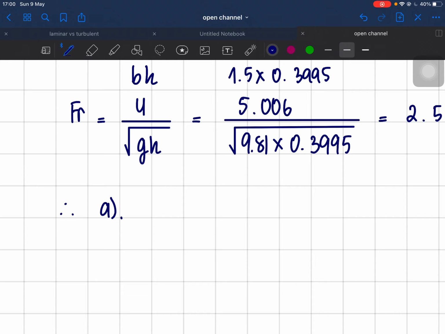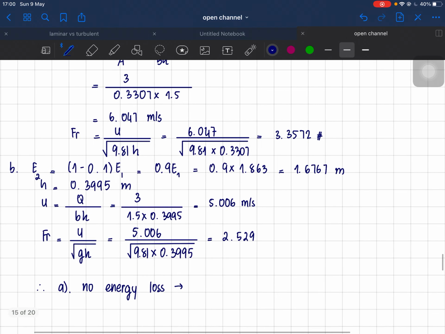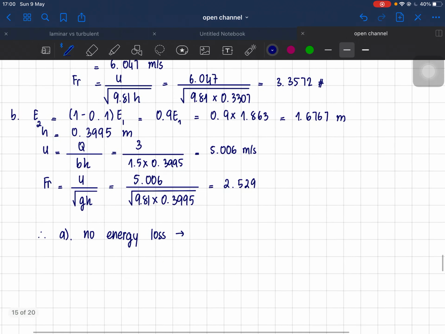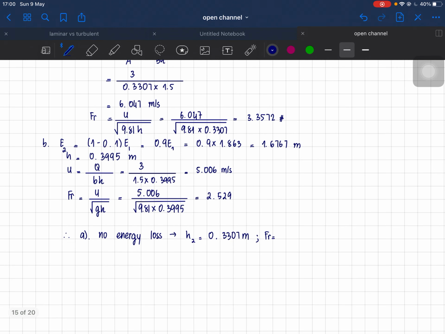unit. So first of all, if no energy loss, the answer would be h2 equals 0.3307 meter. Froude number equals 3.3572.